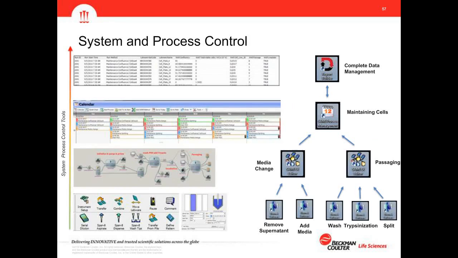So how do we integrate that to a full process as you've seen in the previous slide, high level? Well, what you do is down here, you have your liquid handler methods.